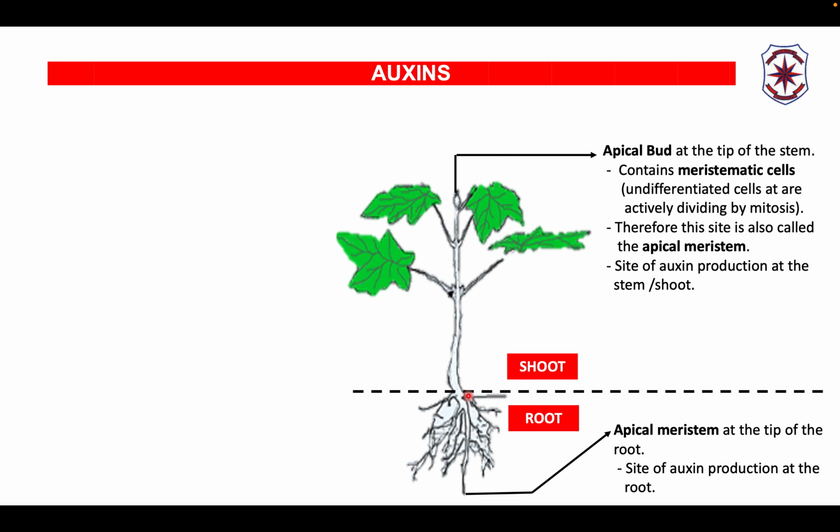Plants are generally divided into 2 main parts. We have the roots, which are all the parts that we find under the soil. So this dotted line represents the soil surface. Anything that is found under the soil, we generally refer to as the root region of the plants. And then anything that is found above the soil region, we refer to as the shoot.